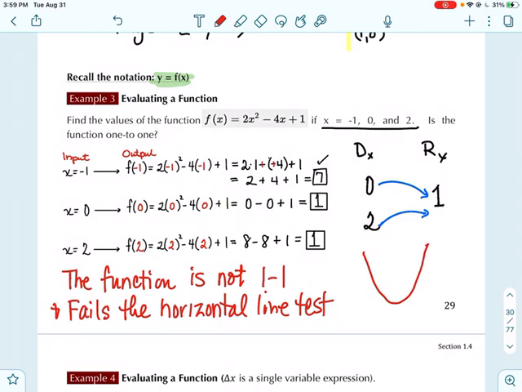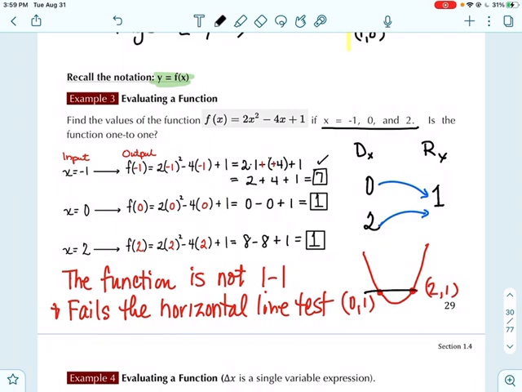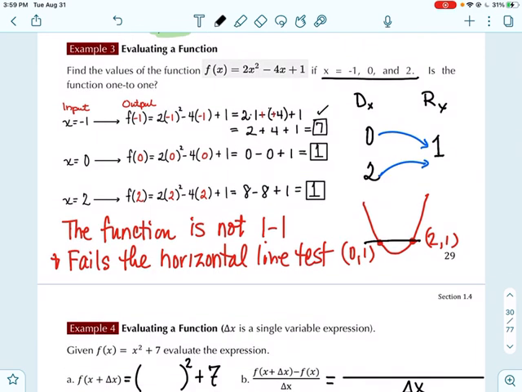So at 0, we have a point 0, 1. And we also have another point, 2, 1. So if we drew a horizontal line, it would pass through 2 points. Okay? So the function is not 1 to 1. 1 to 1 is kind of like a monogamous relationship between x and y.